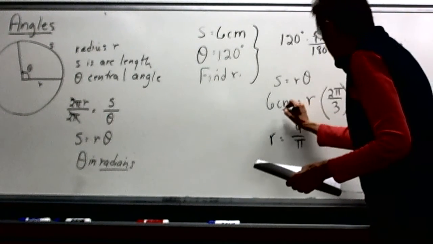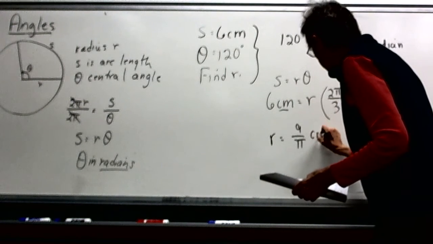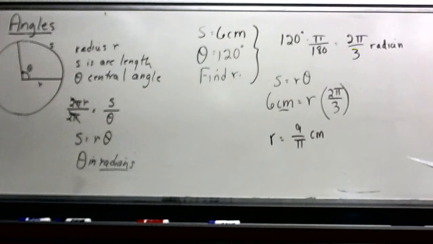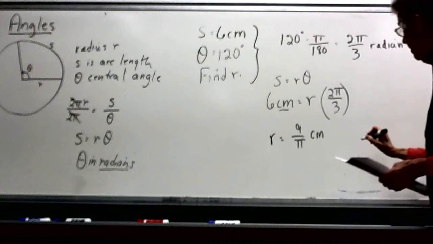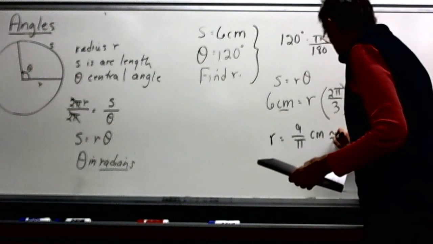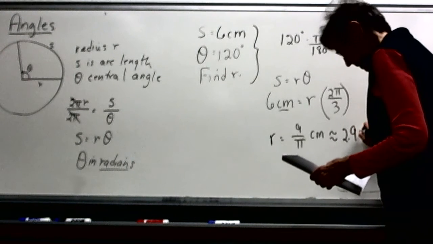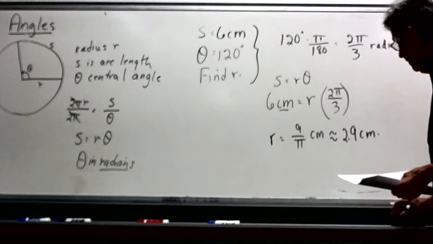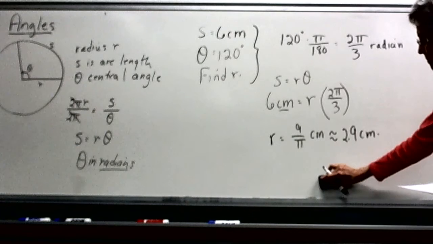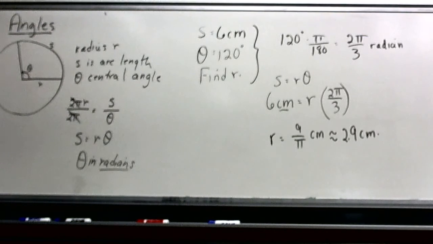And this is going to be in centimeters. And that's the exact answer. If we want the equivalent decimal approximation, we can put that in our calculator, and we come out with 2.9 centimeters approximately, rounded to 1 decimal place. So that's an example of using our arc length formula.